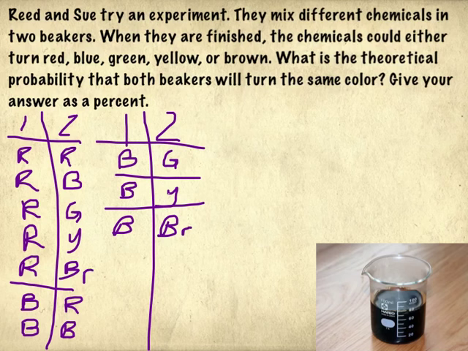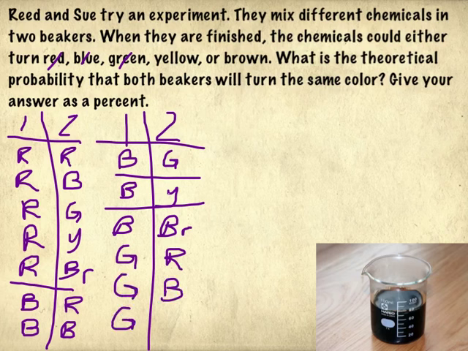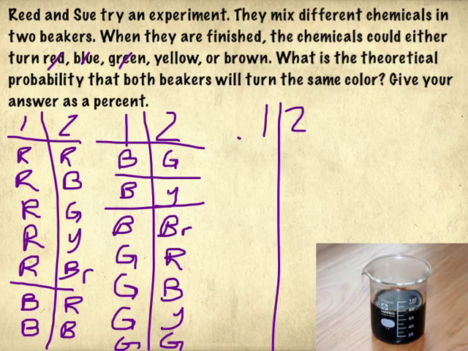Next up, I did red, I did blue, now I'll do green. So if chemical 1 is green, chemical 2 could be red, or blue, or yellow, or, I skipped green, whoops, chemical 2 could be green, or chemical 2 could be brown. Okay, so I'm done green.